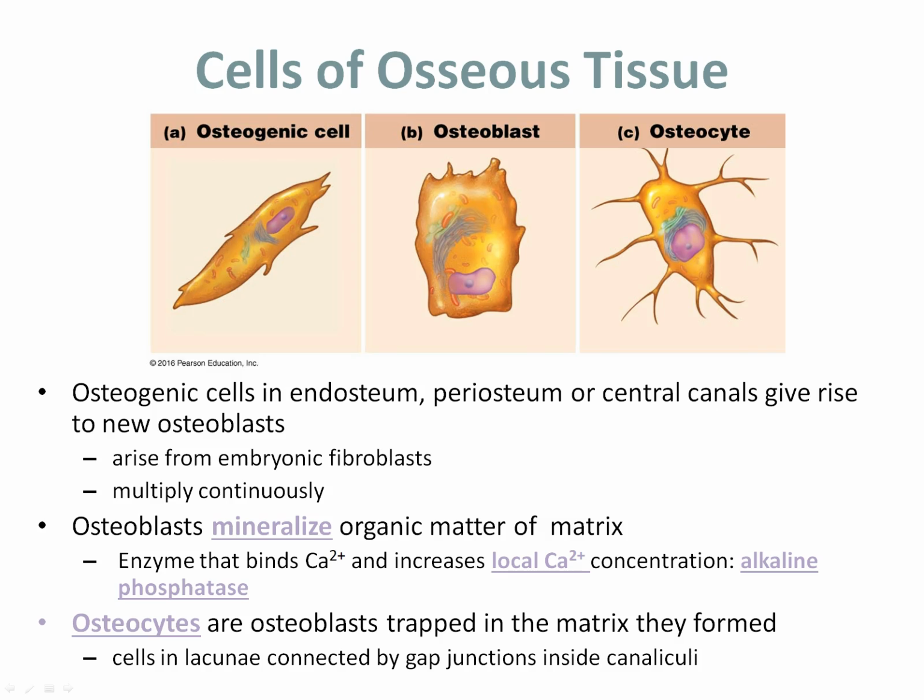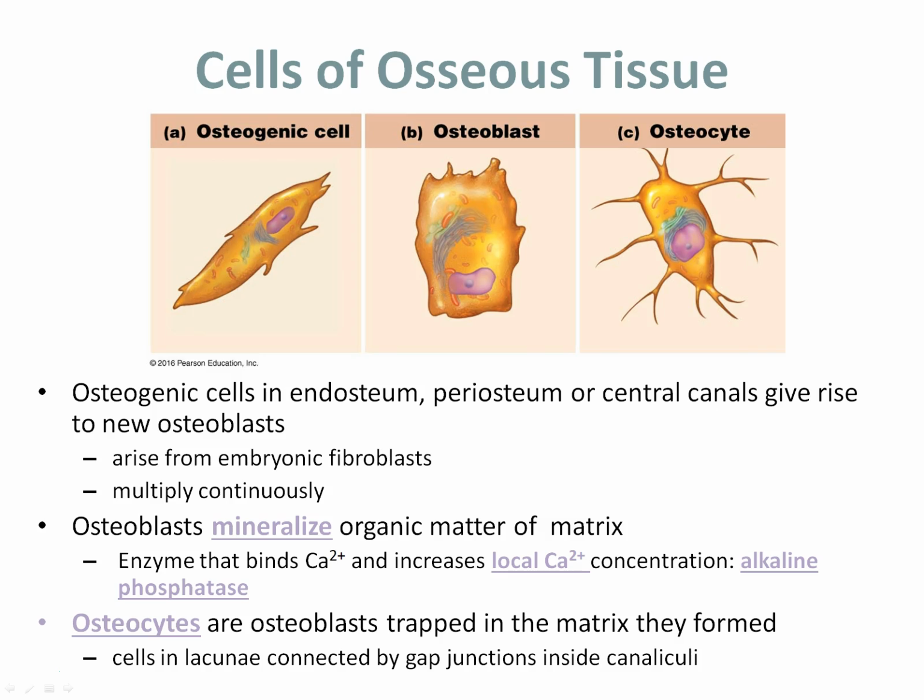Osteoblasts function to mineralize the organic matter of the matrix. First we produce collagen, which is the organic matter of the matrix, and then we lay down minerals on top of it to make it hard. Osteoblasts produce an enzyme that binds calcium and increases the local calcium concentration.